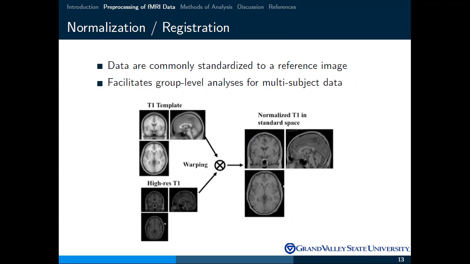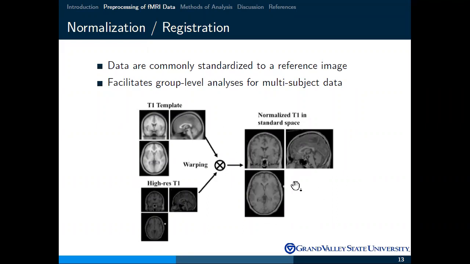One of the most common is the MNI space, as they call it, which is an atlas. That's the name for this template, it's also an atlas. It's an atlas developed by a research team at the Montreal Neurological Institute.